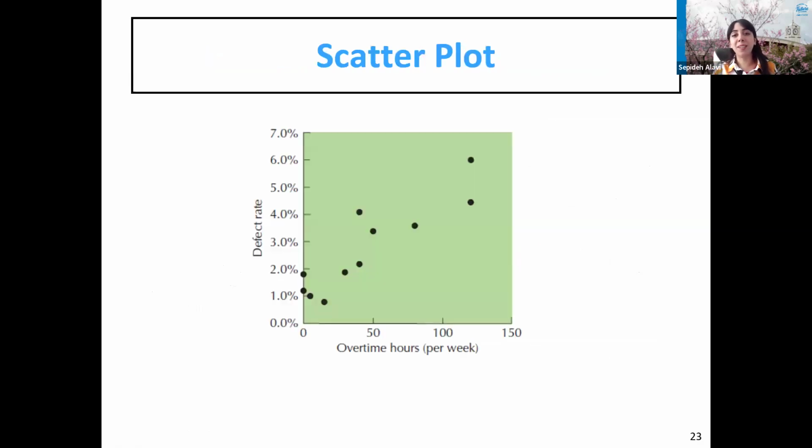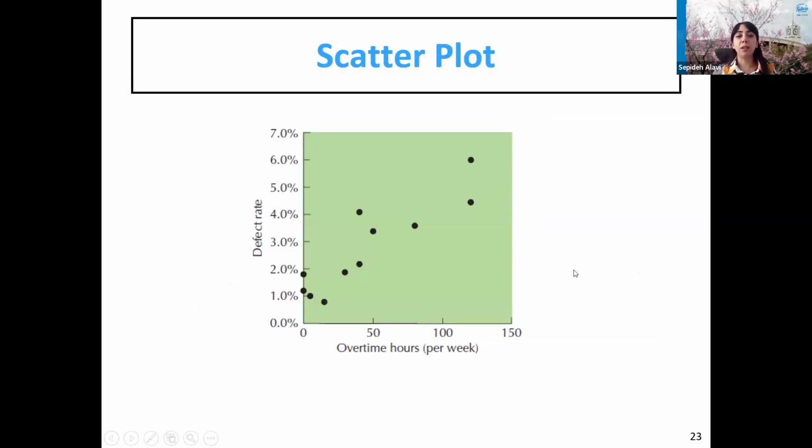Scatter plot is another continuous improvement tool. If the problem is that we have high defect rates and we are suspicious whether the overtime hours is making higher defect rates, we go ahead and make a scatter plot that shows the relationship between these two variables. And we can see that as the overtime increases, the defect rates also increase.